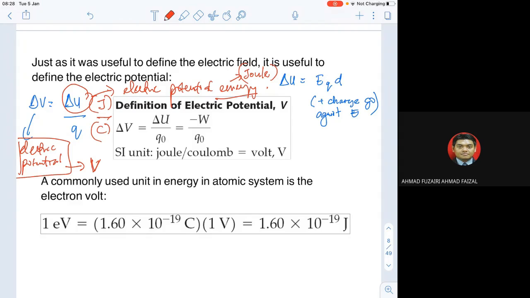So what is an electron volt? 1 electron volt is 1.6 times 10 to the power of negative 19 coulomb, which for those who remember is the magnitude of charge of the electron, times 1 volt, so we get 1.6 times 10 to the power of negative 19 joules. In the end, we say that 1 electron volt is equivalent to 1.6 times 10 to the power of negative 19 joule.